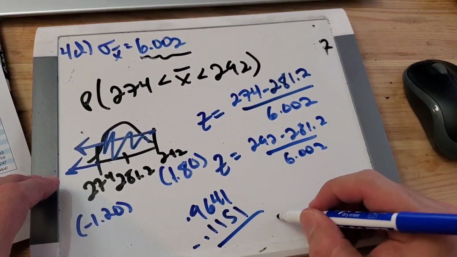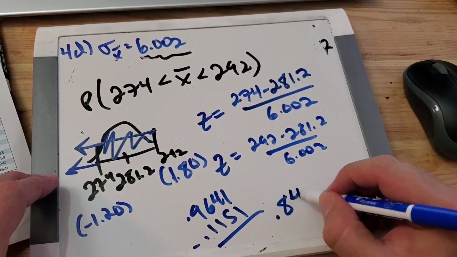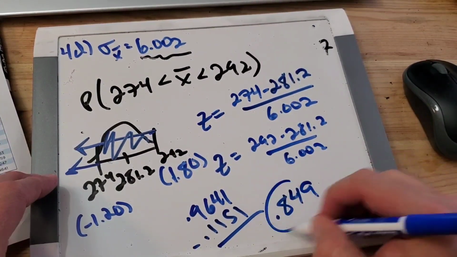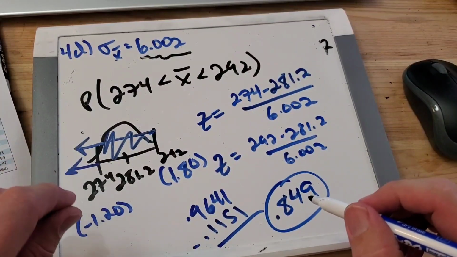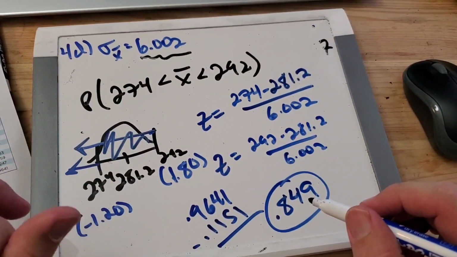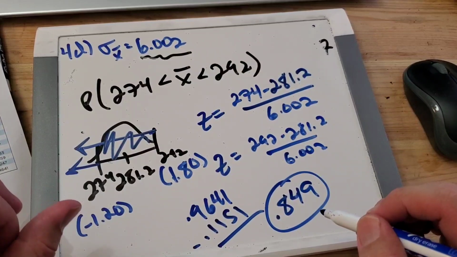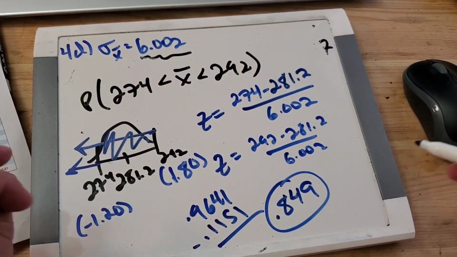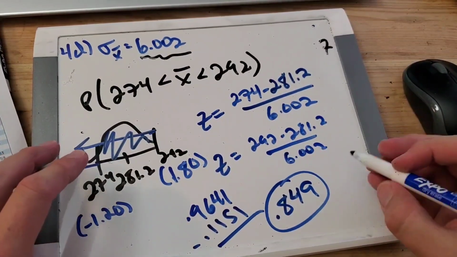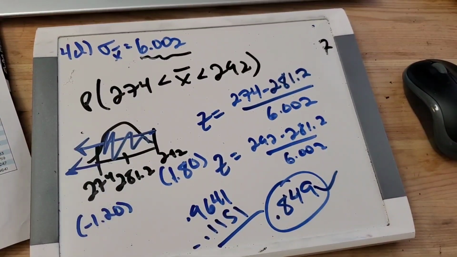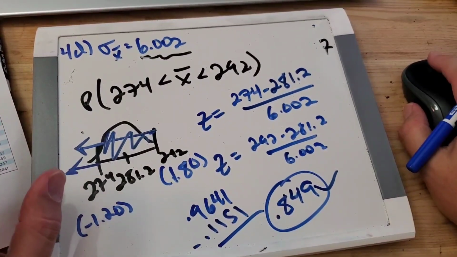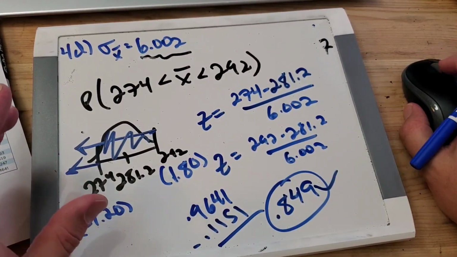When I subtract them, I get 0.8490. So just double checking, all right, so that's 4D2.